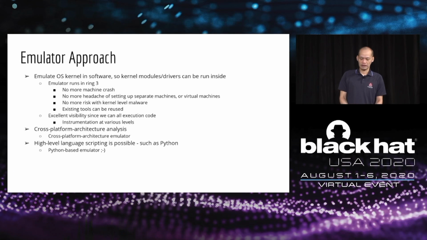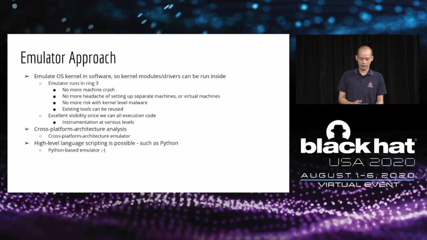And because the emulator runs in ring three, if we can emulate the kernel rootkits inside the emulator, we do not have a machine crash anymore. We do not have the issue of setting up a separate machine or virtual machine to analyze kernel rootkits. And we don't have risk with analyzing kernel rootkits because we emulate everything in a safe sandbox. And we can reuse many existing tools.